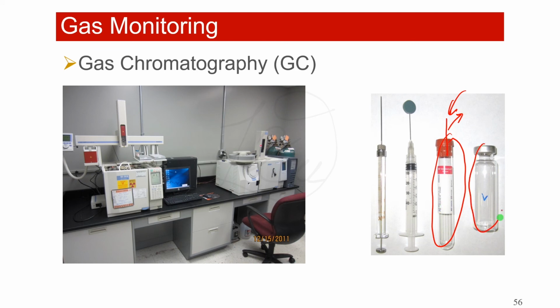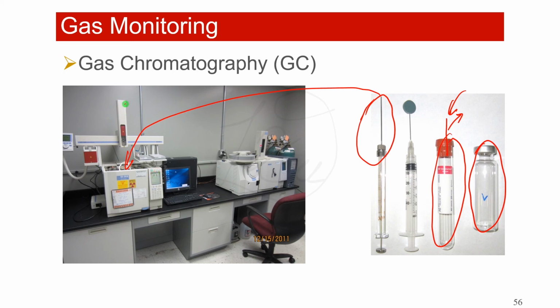This is another type of vacuum bottle, and we can also use plastic bags to take air samples underground. Once we bring this to the lab, we will need to take a little portion of the air sample using this syringe and inject it into the gas chromatography. This gas chromatography can read off the concentration of the gas that you are interested in, or the concentration of multiple gases.